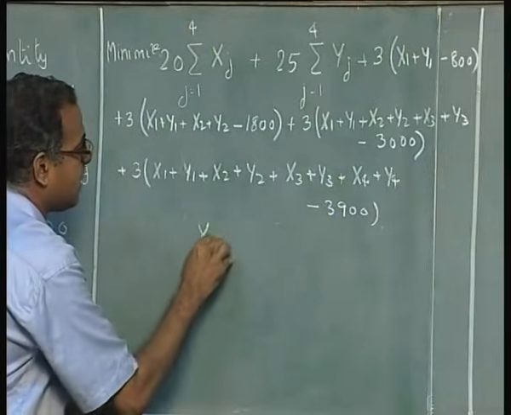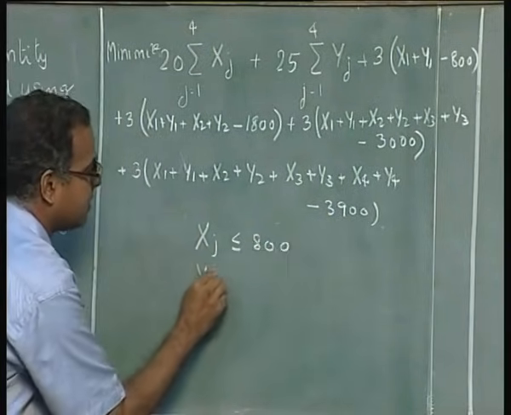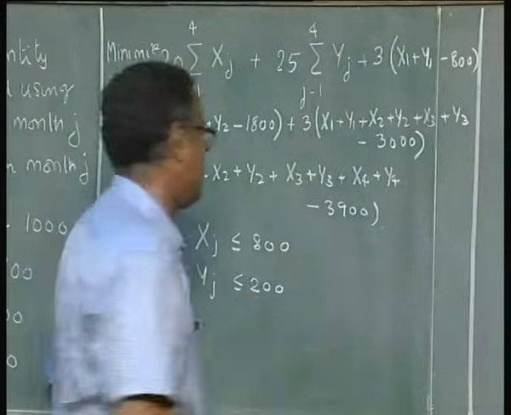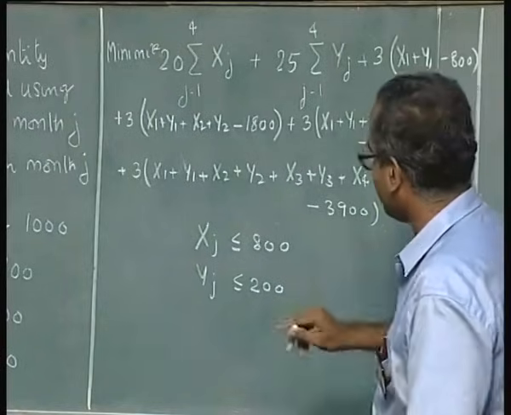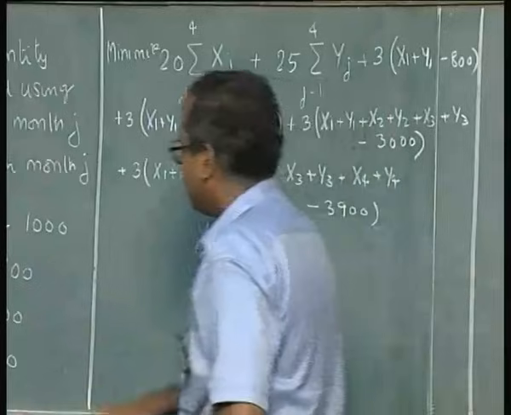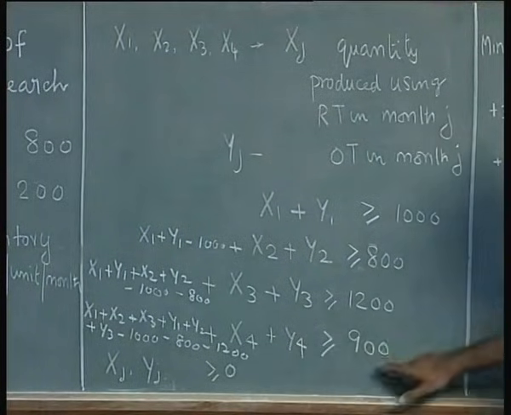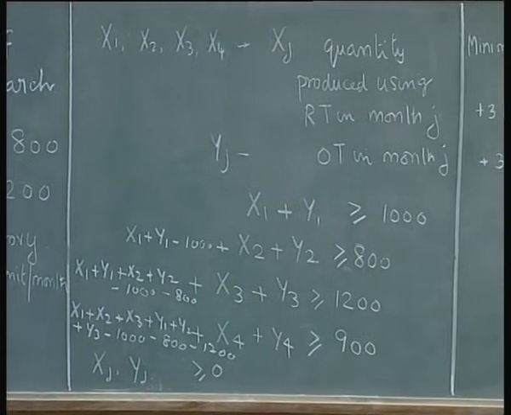You will continue to have these 2 constraints, xj less than or equal to 800, yj less than or equal to 200. Now the only thing we have done is we have added another term into the objective function. We have replaced this equation by an inequality just to be consistent with these 4. So we now have a second formulation for this problem.